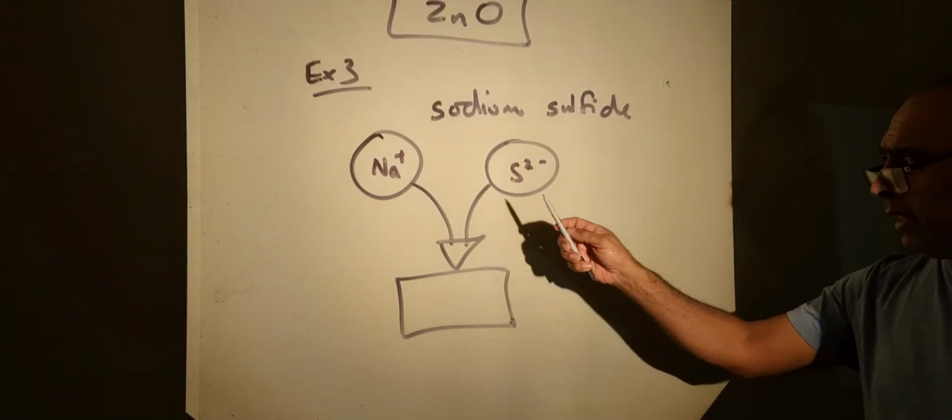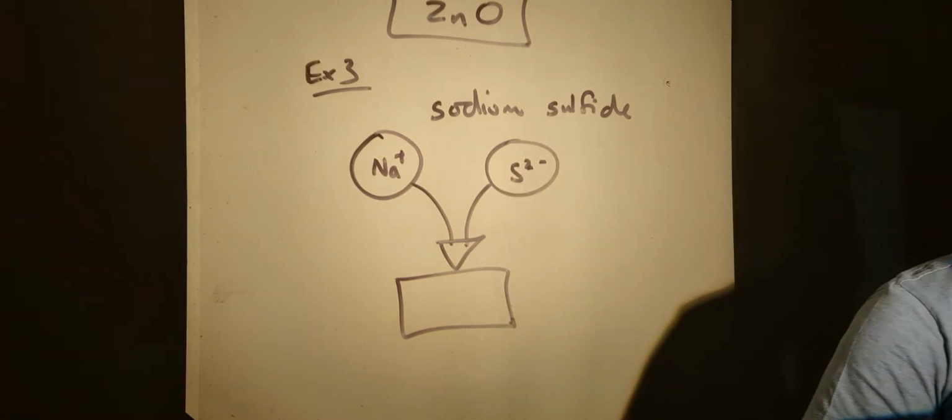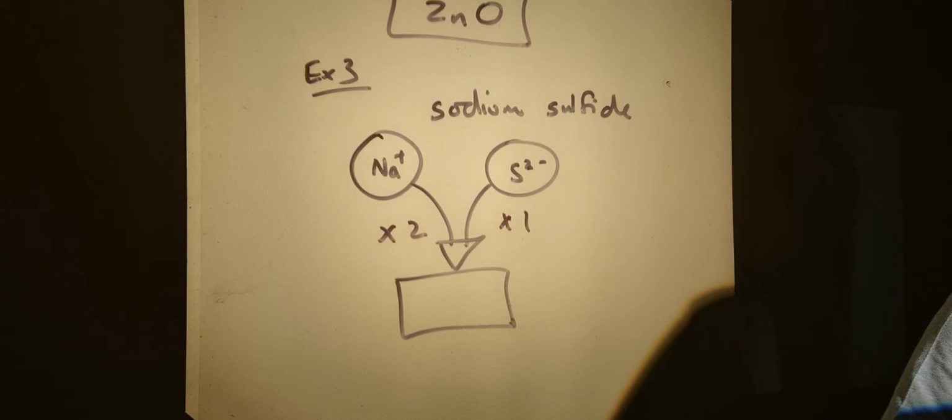So, what chemicals do we need for sodium sulfide? Well, sodium is Na+, sulfide is S2-. Now, bit of thinking. How many of those to how many of those? Well, for every one of those, I need 2 sodiums.